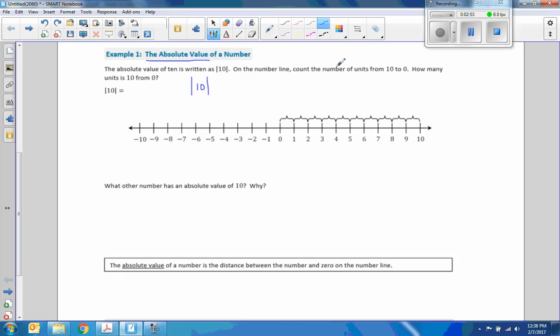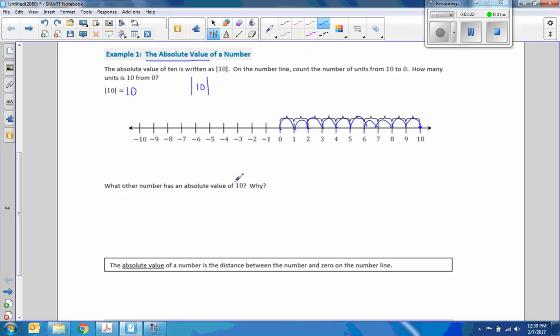So on the number line, count the number of units from 10 to 0. How many units is 10 from 0? So what they're saying is we start here at 10 and go 1, 2, 3, 4, 5, 6, 7, 8, 9, 10. So I'm 10 units from 0. Okay? So the absolute value of 10 is the distance from 0, which is 10.